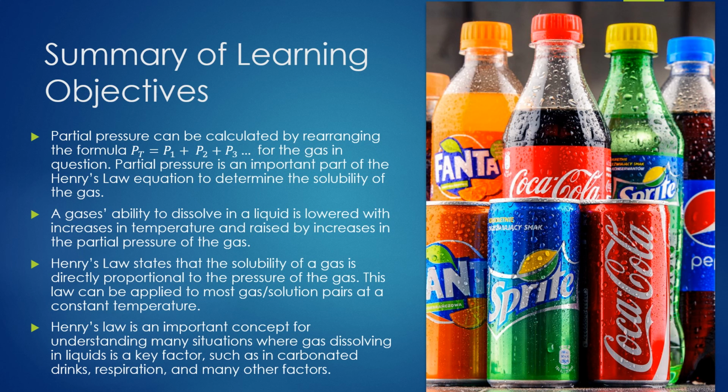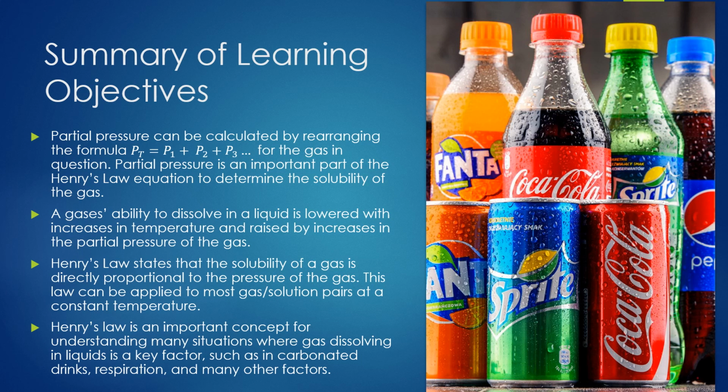To summarize what we have learned in this lecture, the partial pressure can be calculated by rearranging the partial pressure formula for the gas in question. Partial pressure is an important part of the Henry's law equation to determine the solubility of the gas. A gas's ability to dissolve in a liquid is lowered with increases in temperature and raised by increases in the partial pressure of a gas.